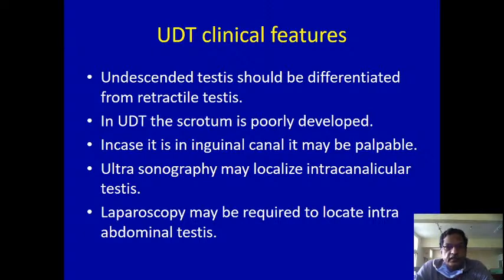To clearly say that it is undescended testis, we will not be able to bring the testis back into the bottom of the scrotum. A retractile testis can be brought to the bottom of the scrotum by milking it from its location in the upper part, or when the patient is completely relaxed in a warm place, it normally descends into the scrotum.